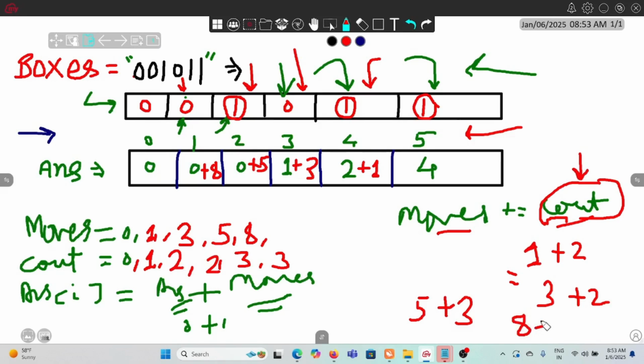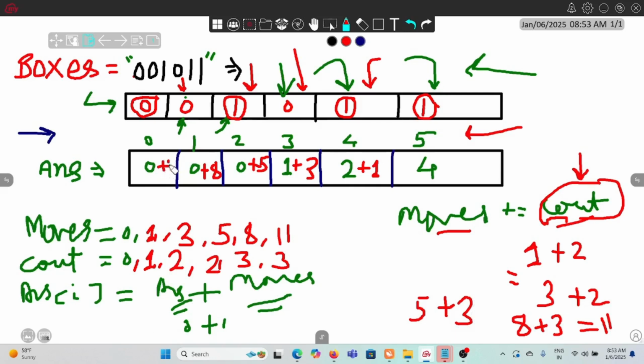So 8 plus 3, 11 would be our new value. So let me put our new value here as 11. Now we are coming to this final guy. At the final guy, answer I equal to answer I plus moves. So moves equal to 11. So we have to add 0 plus 11.